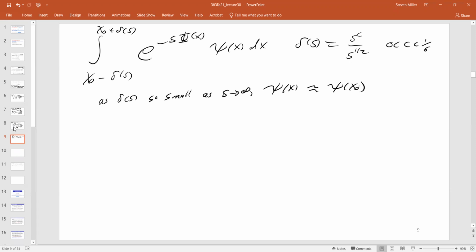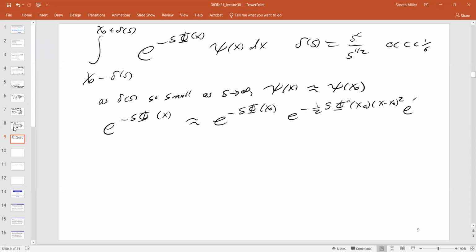And then similarly, you show e to the negative S phi of x is approximately e to the negative S phi of x naught, e to the negative 1/2 S phi double prime of x naught, x minus x naught squared, and then times e to the big O of x minus x naught cubed. So that's just using the Taylor series expansion. Because delta S is fixed, this is a fixed number.